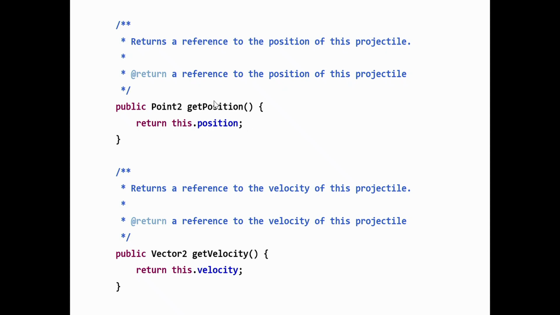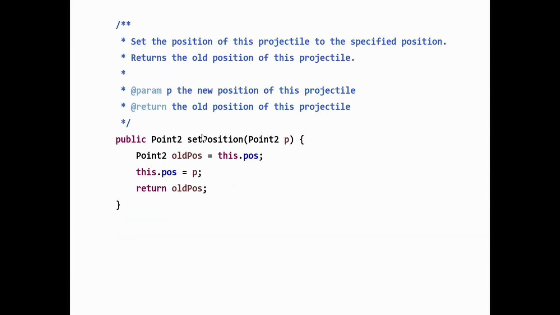Well, it's the exact same thing when you have references. If I want the position, I can just return this dot position, and if I want the velocity, I can just return this dot velocity. I think these slides have some typos in it. This is this dot POS, and this should be this dot VEL. Yeah, see, I get them mixed up all the time.